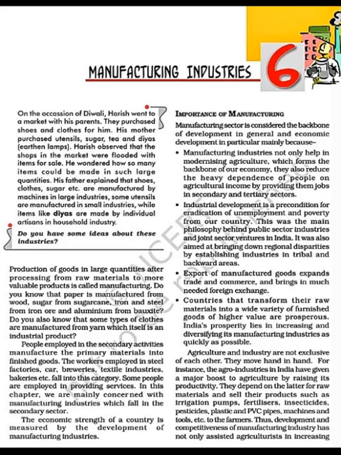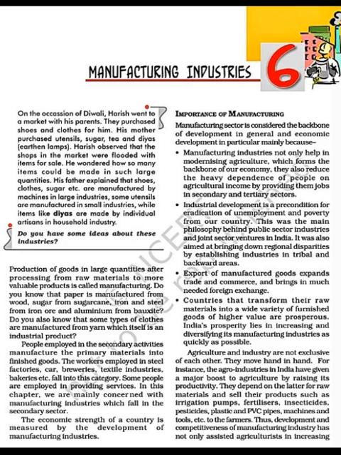Then, students, the next point is that industrial development is a precondition for the removal of unemployment and poverty from our country. This is the main belief behind the public sector industries and joint sector ventures in India. It has also aimed at bringing down regional disparities by establishing industries in tribal and backward areas. You see regional imbalances in our country.